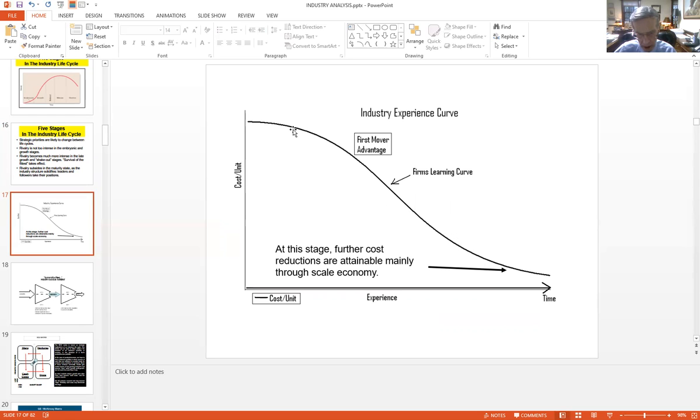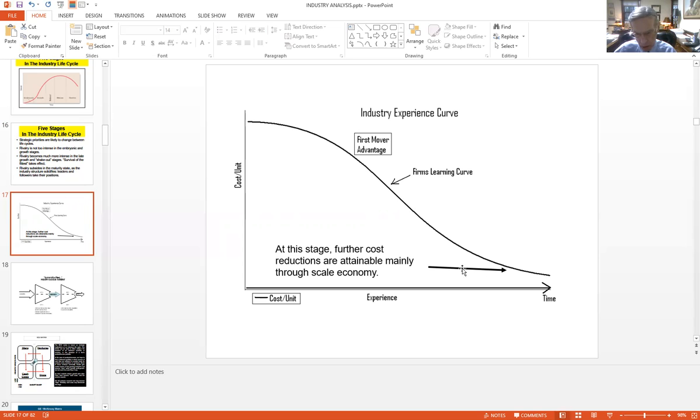And as long as technology doesn't change too much, the first mover, as it works down this curve of the life cycle, will enjoy a cost advantage because it learns about the industry and how to perform the functions of that industry. And so the learning curve and the life cycle curve have a lot in common.